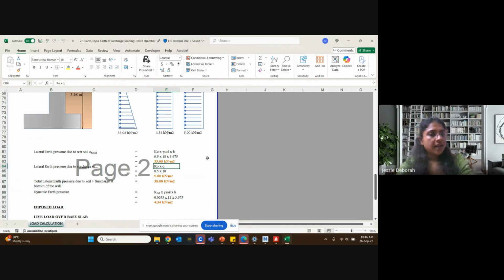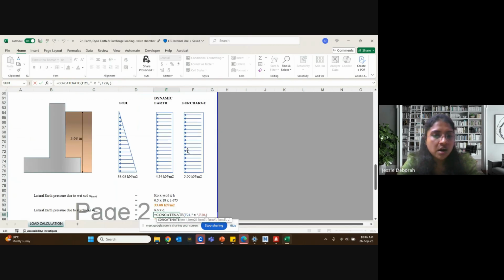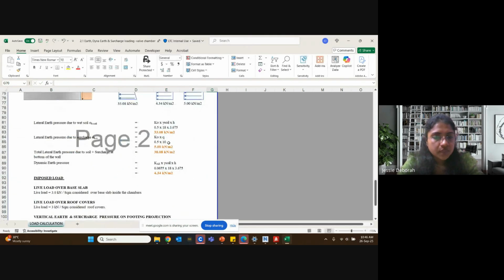Surcharge we usually consider as 10. Why? Because mostly we have the water table below, so we consider 10 as the surcharge load. Okay, after this, dynamic earth pressure is K into gamma soil into H.